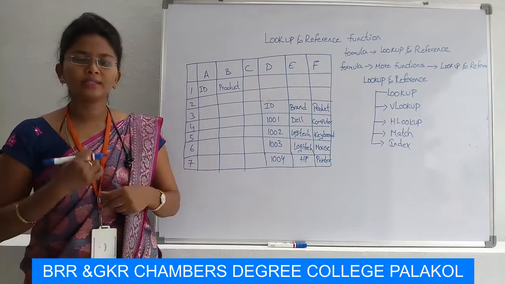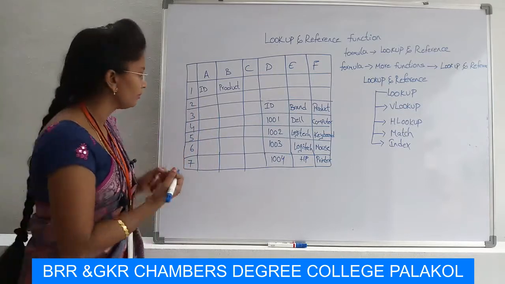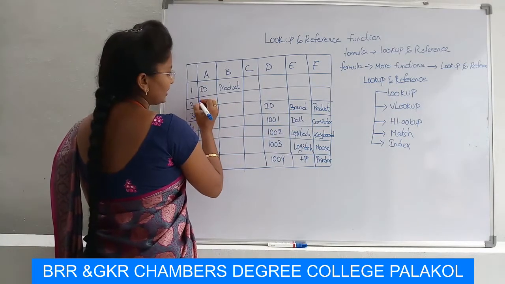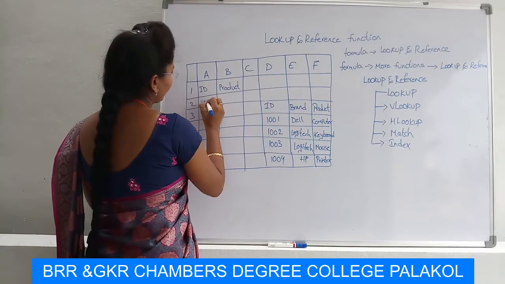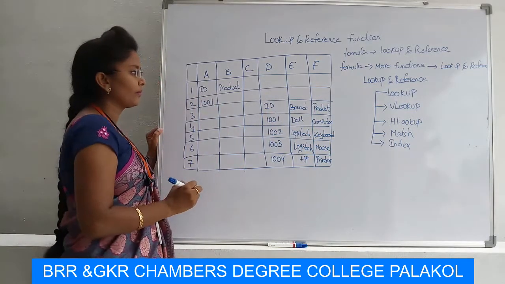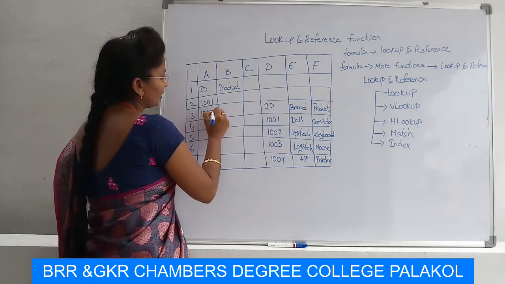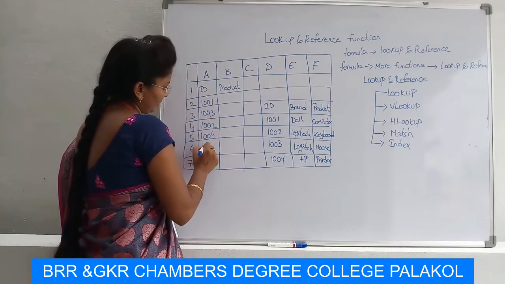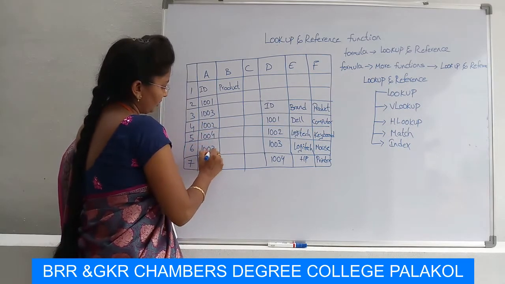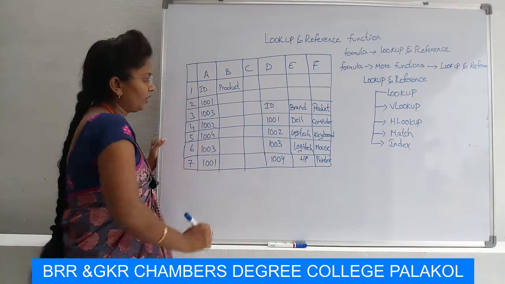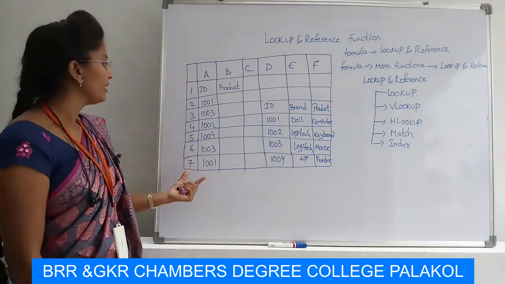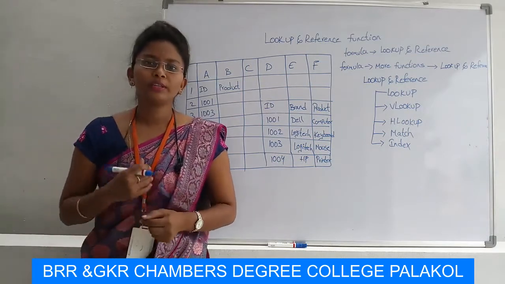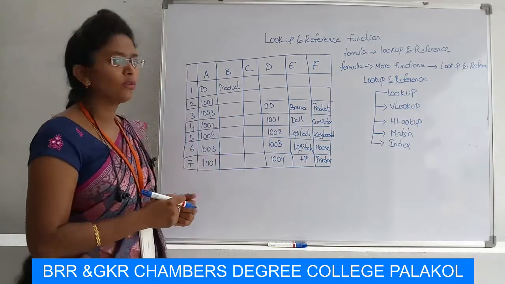That means I am entering some numbers like 1001 and 1003, 1002, 1004, 003, again 001.